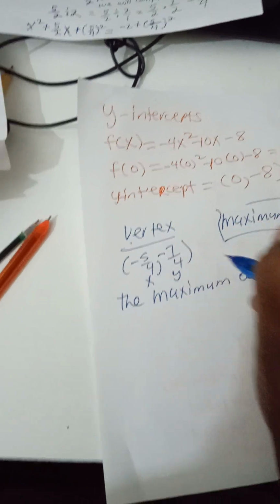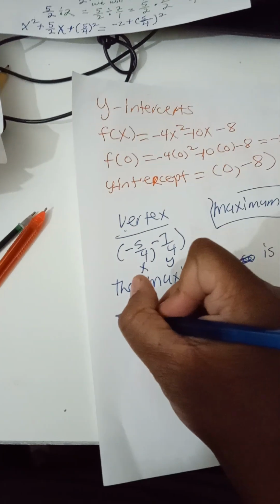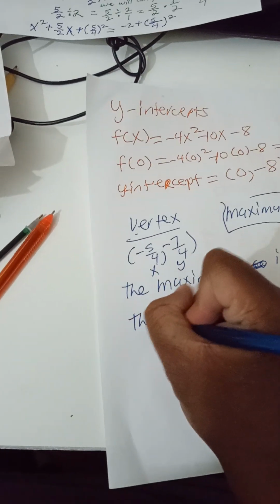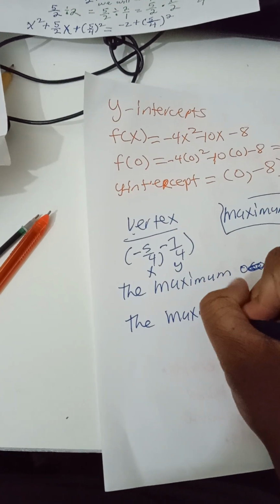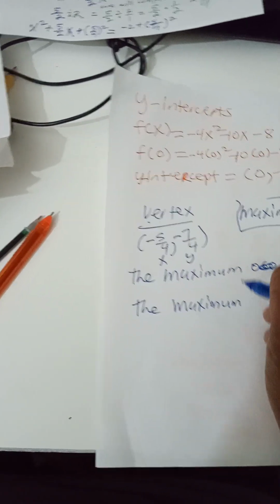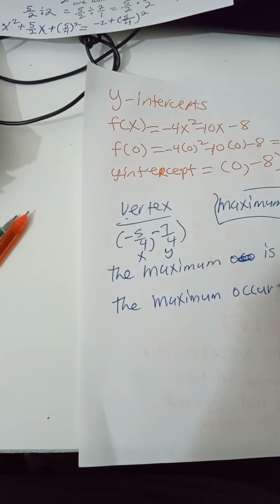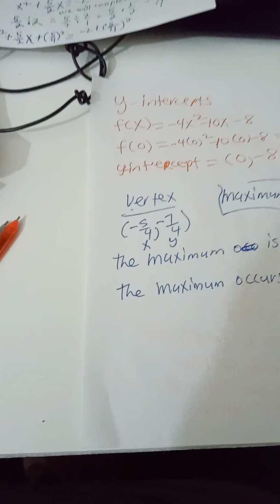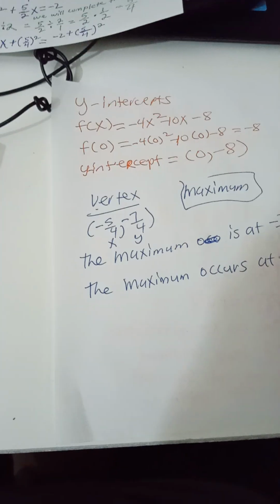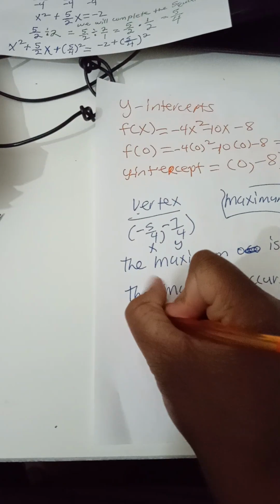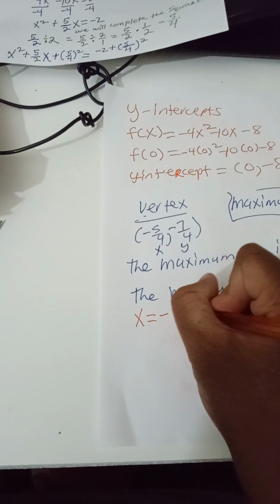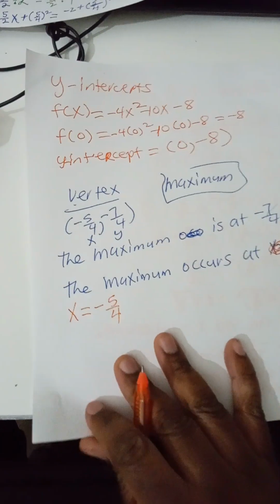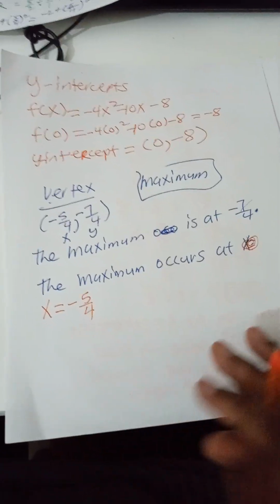So x and y. And the maximum occurs at x equals -5/4. So this shall cover everything for this lesson.